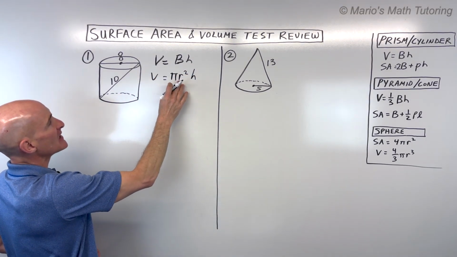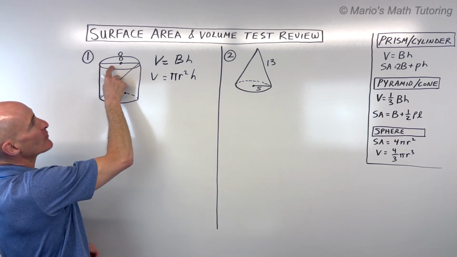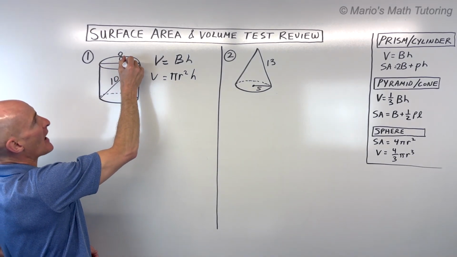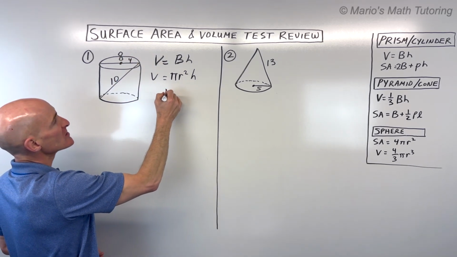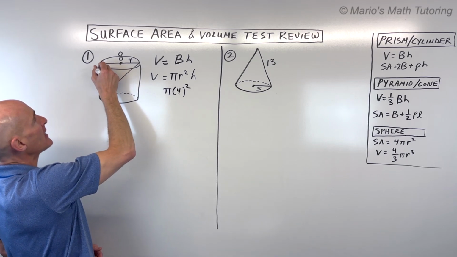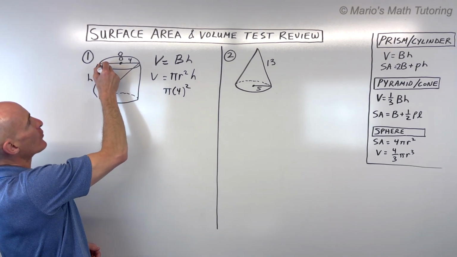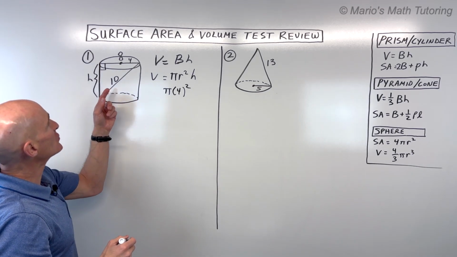Now, in this case, I need to find the radius and the height. You can see they're giving us the diameter is 8, so the radius would be half of that. It's going to be 4. So this is going to be pi times 4 squared, and then the height is going to be this dimension right here. But you can see I've got a right triangle, so I can do the Pythagorean theorem.